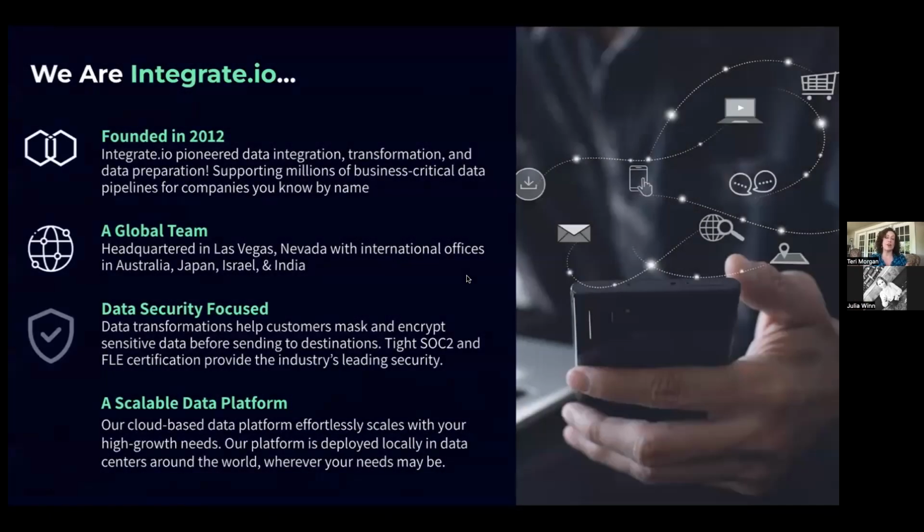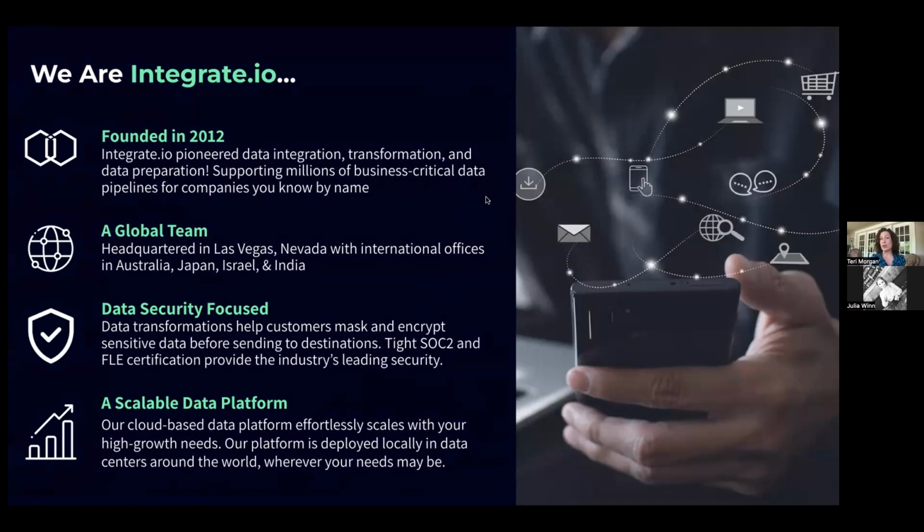Now, you may be wondering, what is Integrate.io? Integrate.io is a no-code data platform comprised of 4 separate software products brought together to meet the needs of modern businesses. As you can see on the slide, we were founded in 2012.